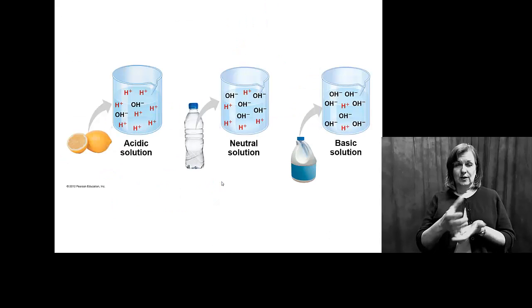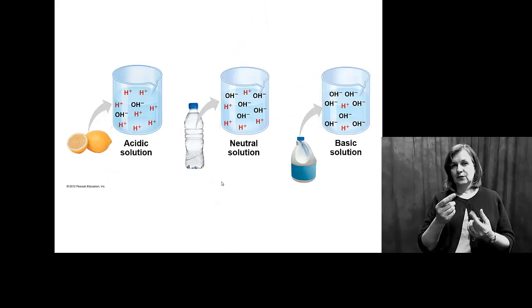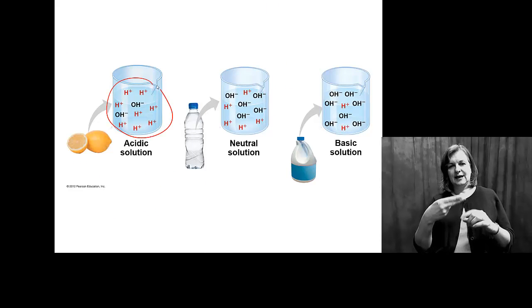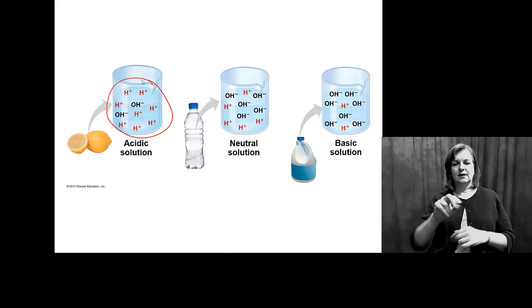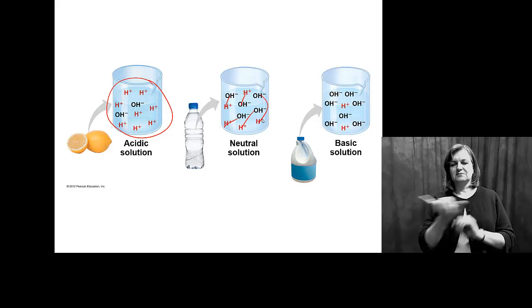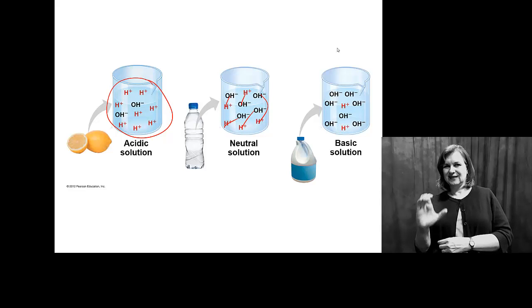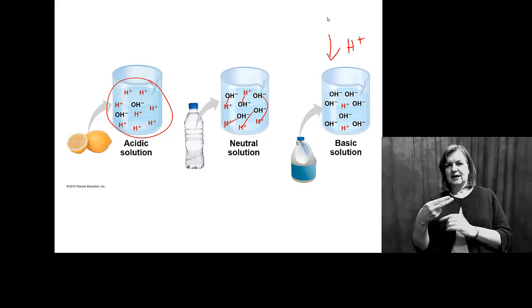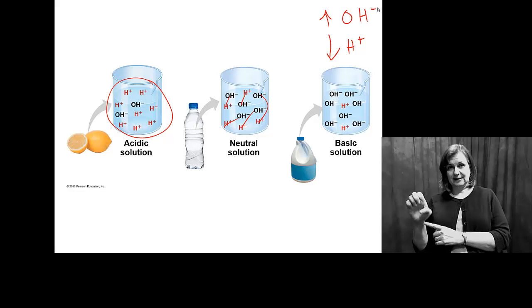So in an acidic solution, what we look for is a high concentration of H+. In a neutral solution, they'd be 1 for 1. Okay? In a basic solution, you have fewer H+, but you have more hydroxides, OH-.